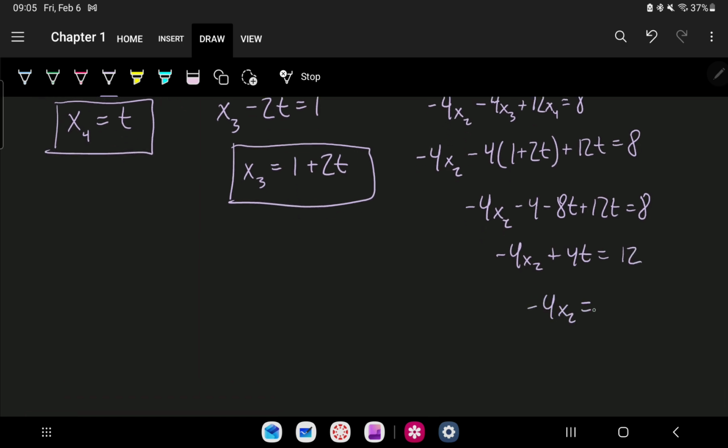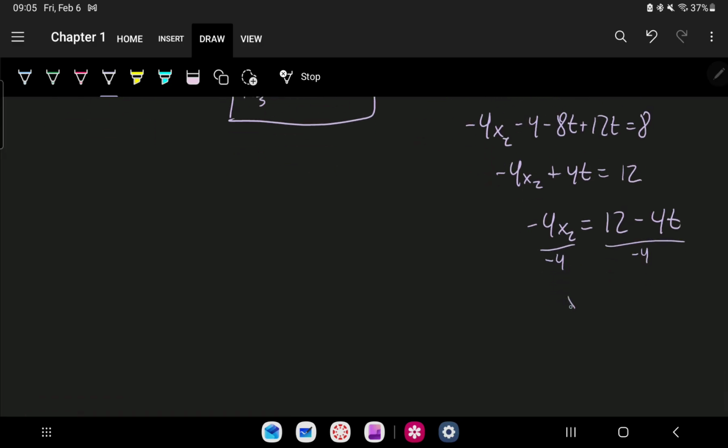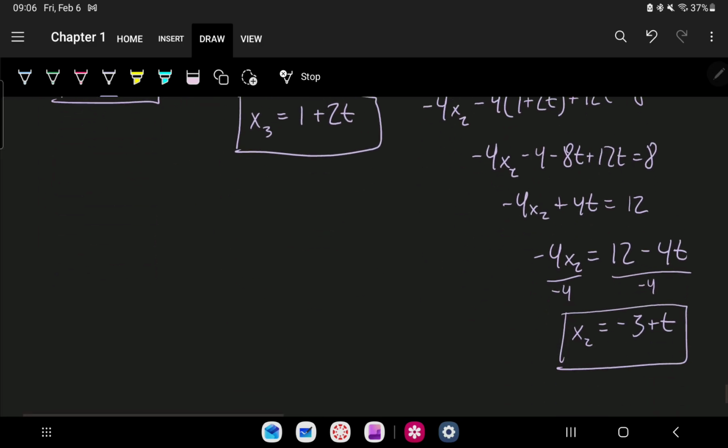Negative 4x2 is now going to equal 12 minus 4t, and we can divide by negative 4. x2, what is that? 3 plus t. Unless I've just had a brain fart, but I guess we can find out.